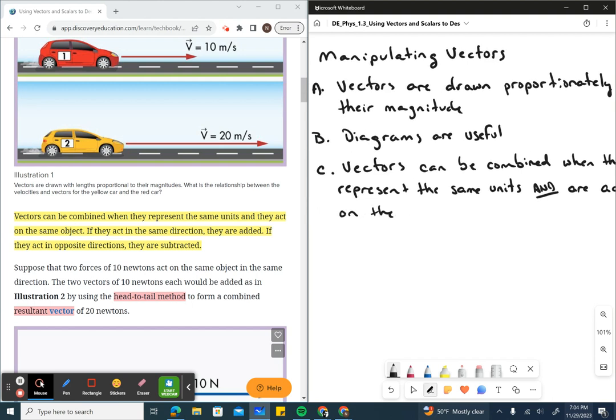Okay. And in this case, you can add them, you can subtract them.